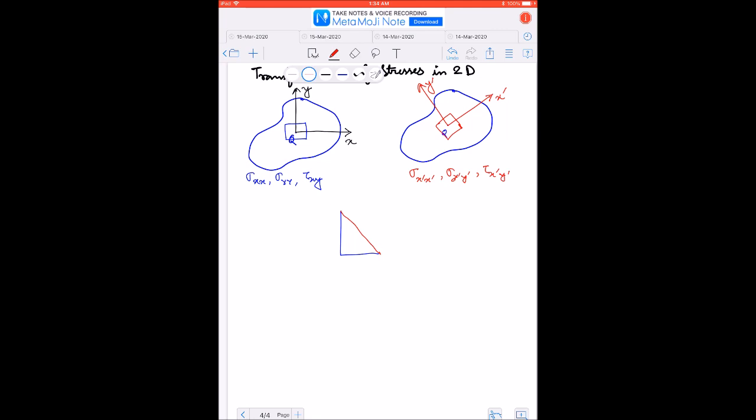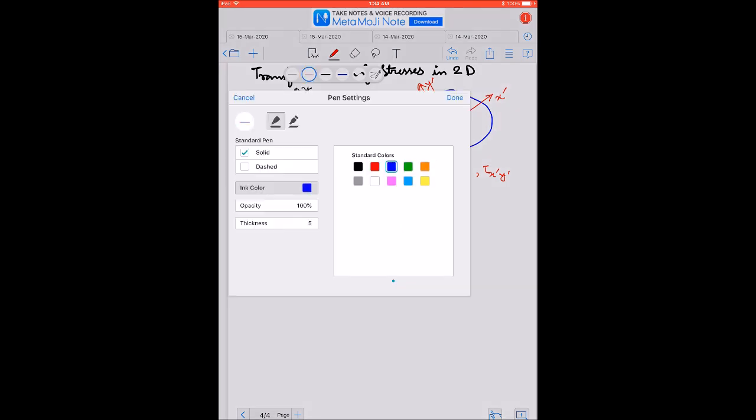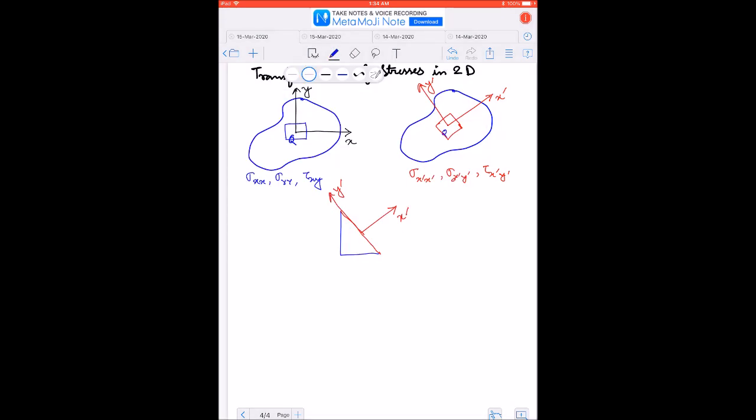So we have our coordinate axis. If we were to superimpose the coordinate axis from the previous diagrams here, it would look somewhat like this. We will have our x dash here, we would have our y dash here, and our x would be present here and our y would be present here.